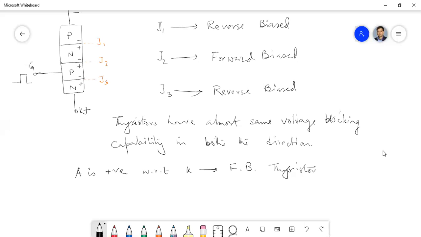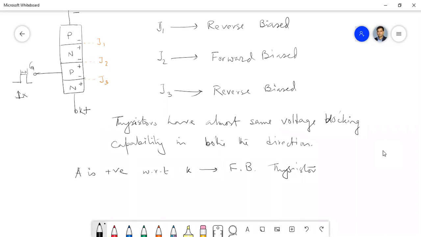We need only a pulse, though the pulse should have a sufficient pulse width. Not only that, an impulse you cannot provide, not like this. So you need a pulse, but that pulse should have sufficient width.